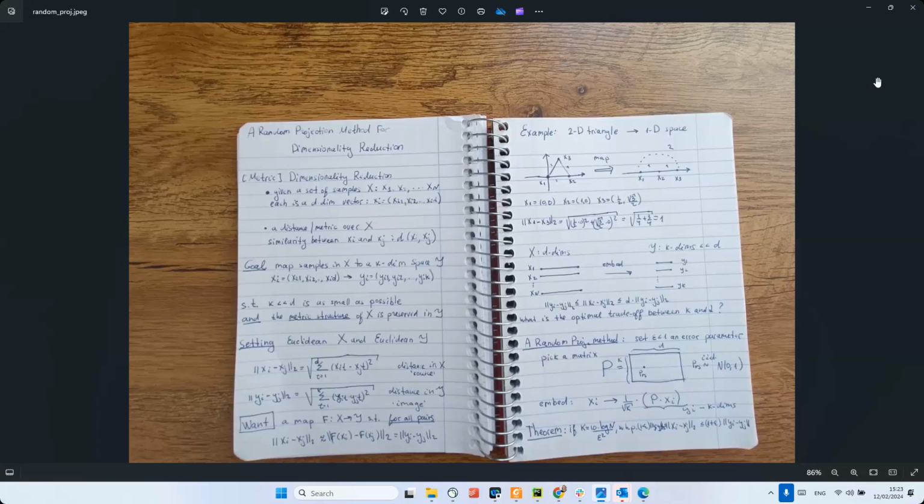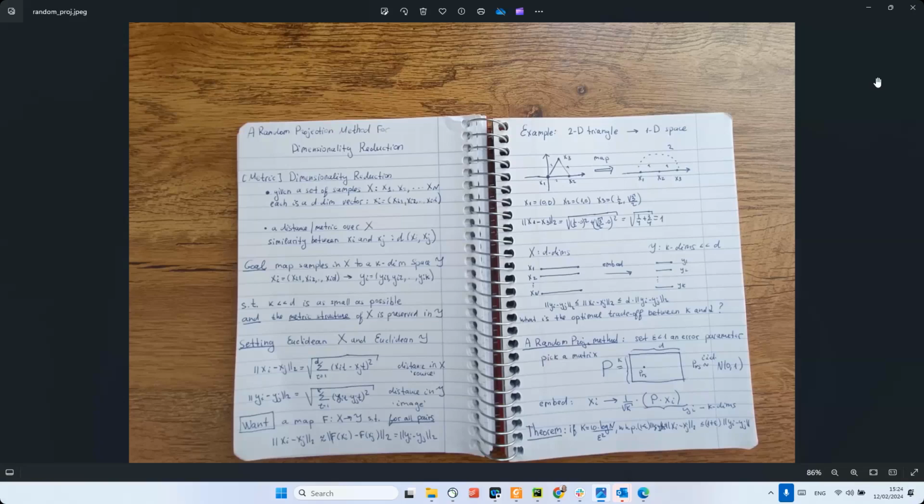So how can we achieve this? There are actually several methods for dimensionality reduction that can describe this trade-off. I'm going to talk about one of the most classic and very nice methods. I really like it.